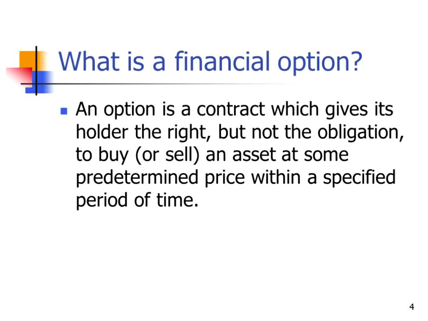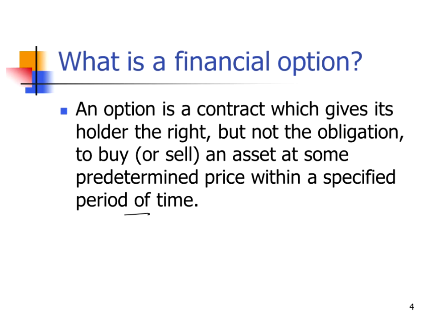So what's a financial option? Like we've covered in the intro chapter, the financial option is a contract which gives its holder the right but not the obligation to buy or sell an asset at some predetermined price within a specified period of time.